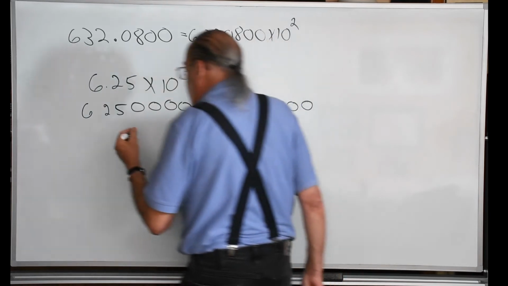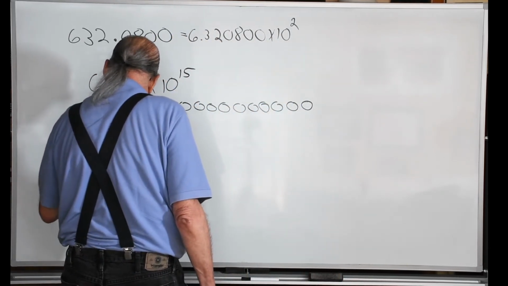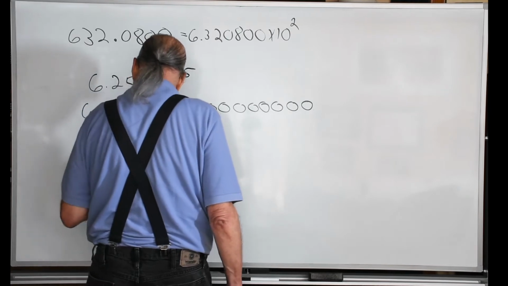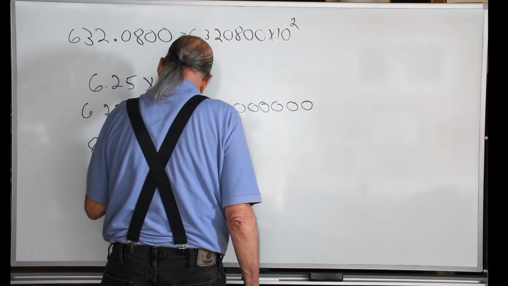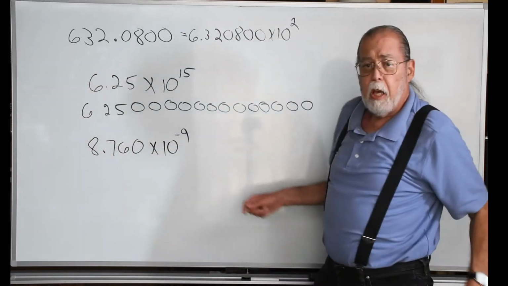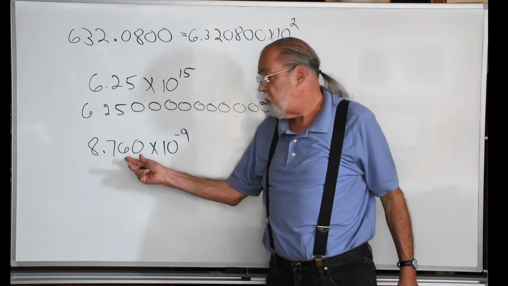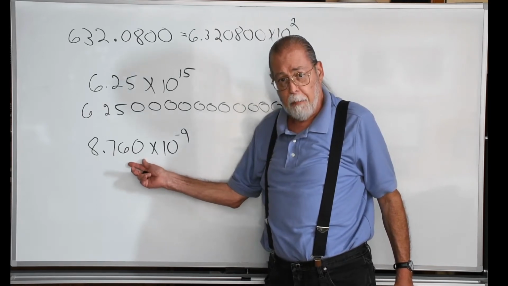What if we have a very small number? Suppose we have 8.760 times 10 to the minus 9th. Now we must keep in mind this 0 is significant. We have to keep it.